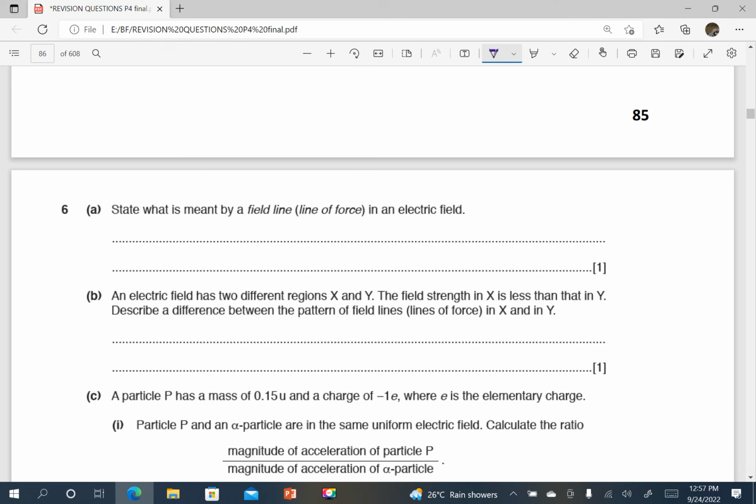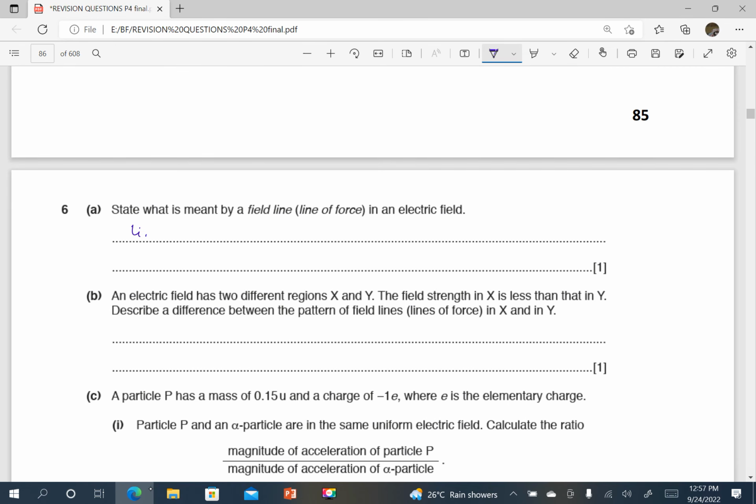Okay, next. State what is meant by a field line. I think we have already defined a field line. A field line is a line which gives the direction in which a free positive charge would move. That is for an electric field.